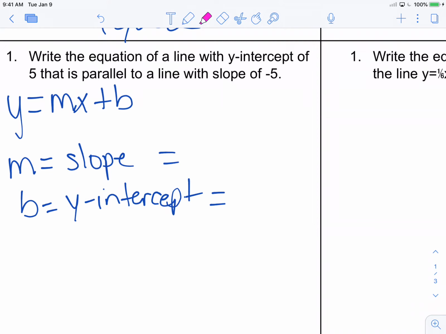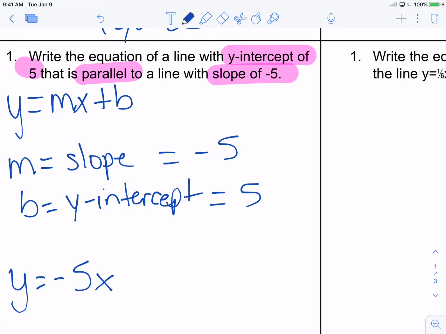In my problem, I'm given those two values, y-intercept of 5, slope of -5, and that's parallel. So I know that the slopes are going to be the same, -5, and the y-intercept is 5. So then I just plug the values for m and b back into my equation. Y equals -5x plus 5.